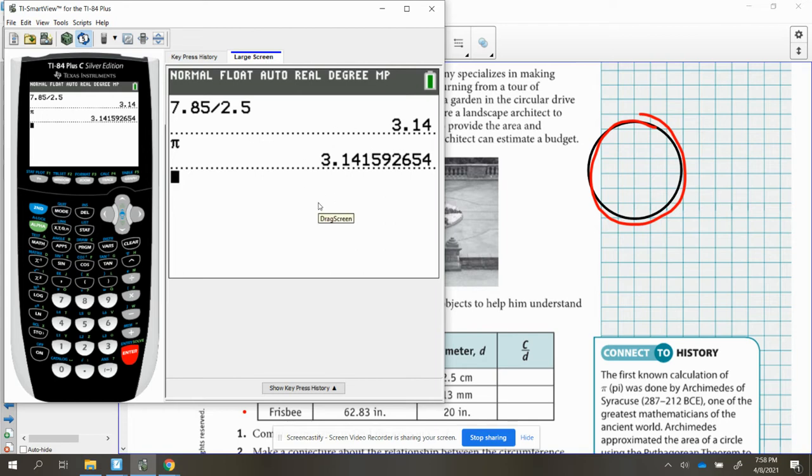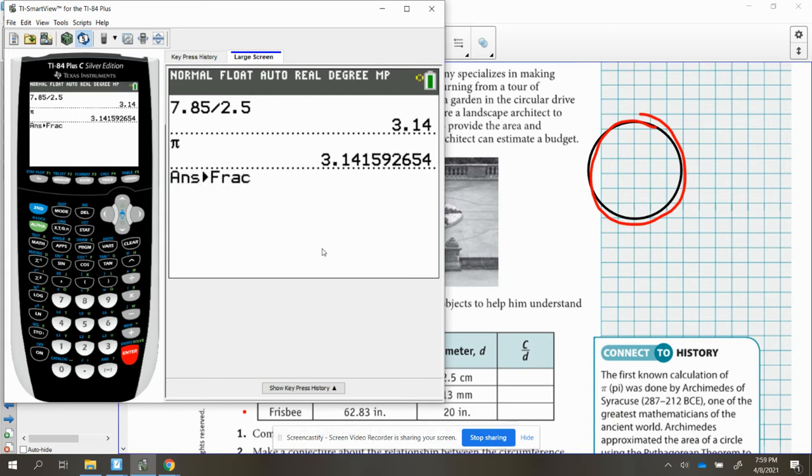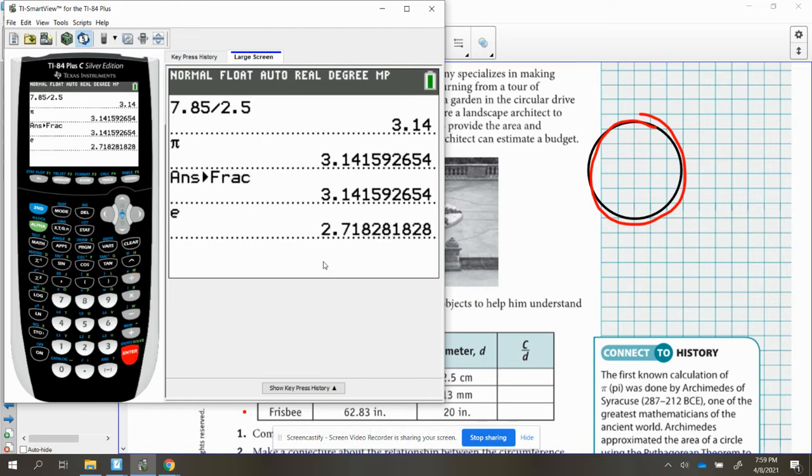Now, pi is an irrational number, which means that we cannot put it into a fraction. So it's always this decimal, it's irrational, and it's one of the most famous numbers in mathematics, hence why it's stored in many calculators. Another example of an irrational number that's stored on your calculator is e. We don't focus on that in this class as much as we focus on pi, but there are other irrational numbers out there besides pi.